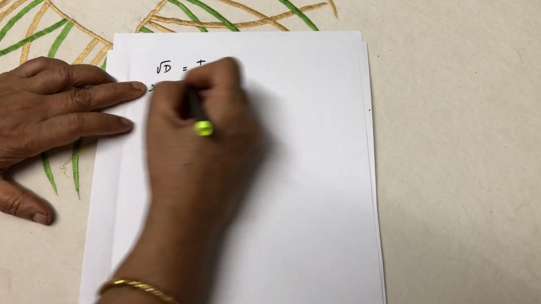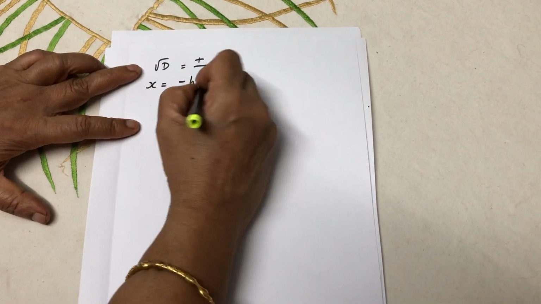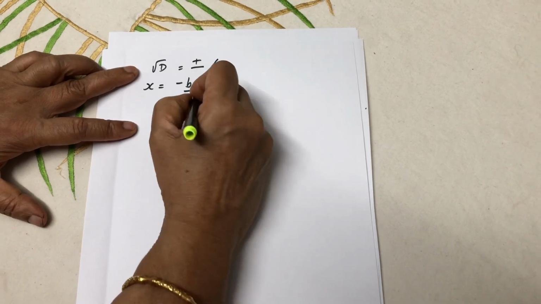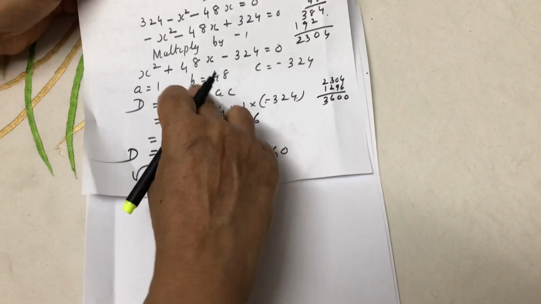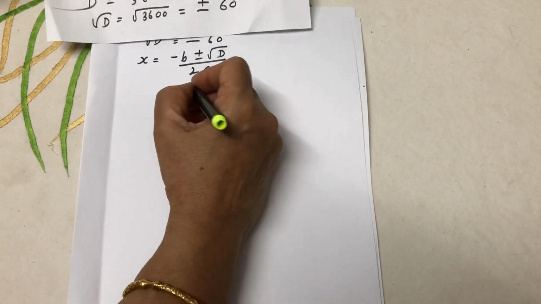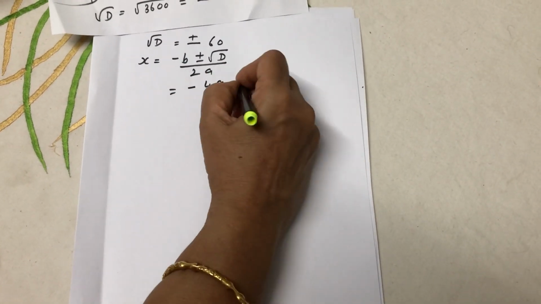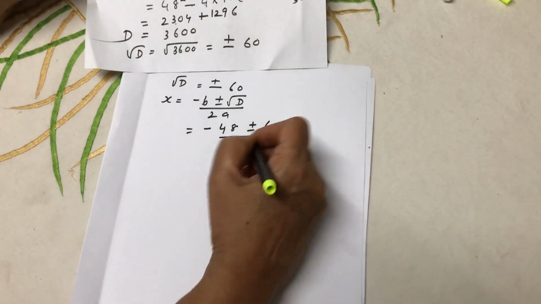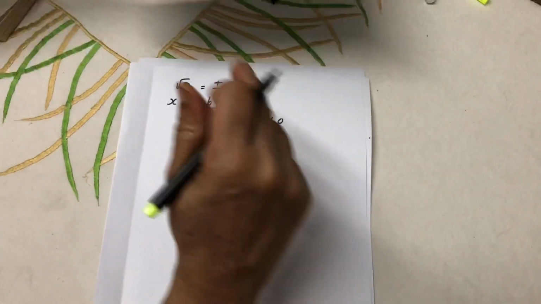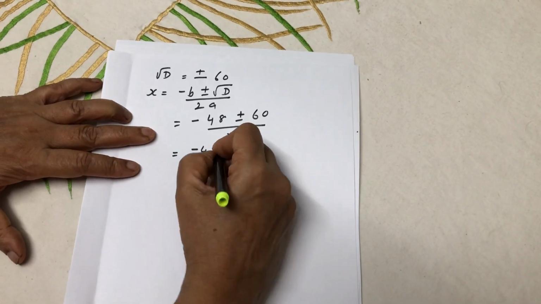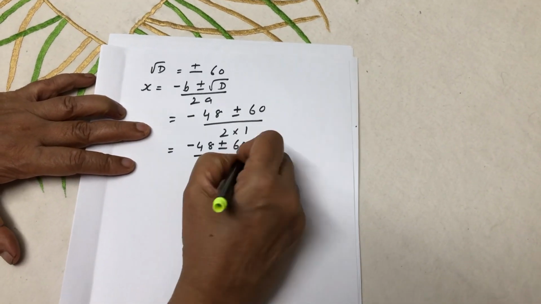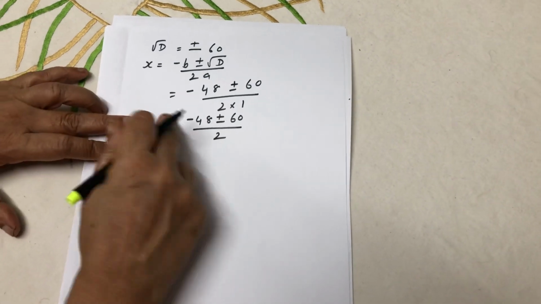What is our x? x is minus b plus or minus root D by 2a. What is the value of b? b is 48. So it is minus 48 plus or minus 60 by 2 into a, which is 1. You know that there are two roots.